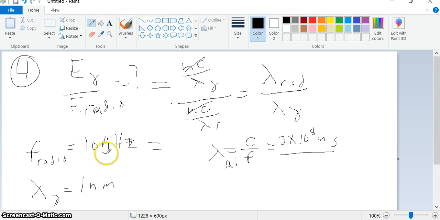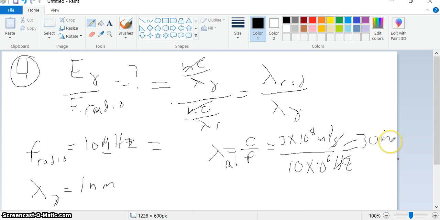They told us it was 10 megahertz, but we need it in hertz, so 10 mega is 10 times 10 to the 6th hertz. Hertz and 1 over seconds cancel, and that gives us 30. No, the radio, sorry, not the gamma. The radio comes out to be 30 meters.